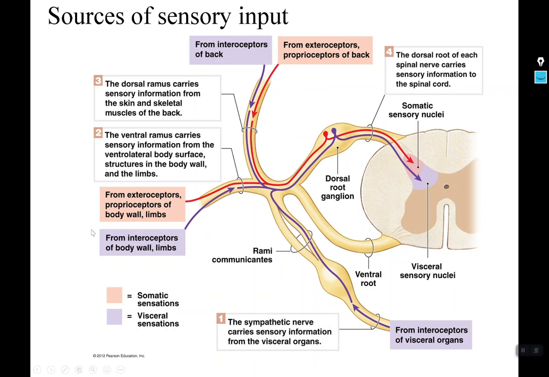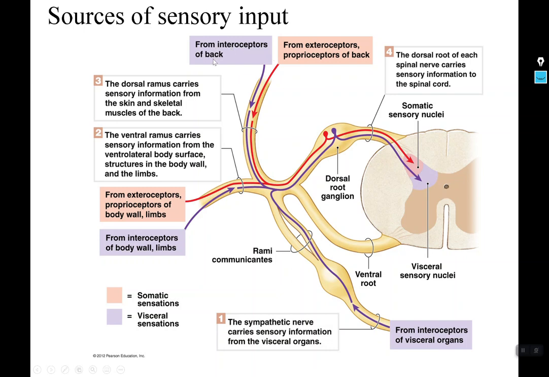Going ventrally, we have interoreceptors of body wall and limbs, so blood pressure sensors, pH sensors, mechanoreceptors, etc. These are visceral sensations. In the ventral root, those things are coming in from the body wall and the limbs anteriorly. And then we also have afferents from the back, and that's going to be from interoreceptors of the back.